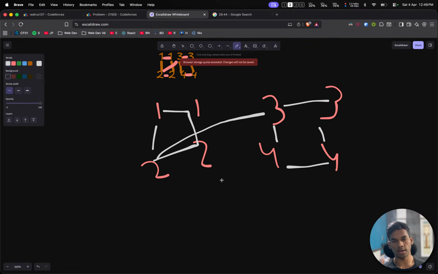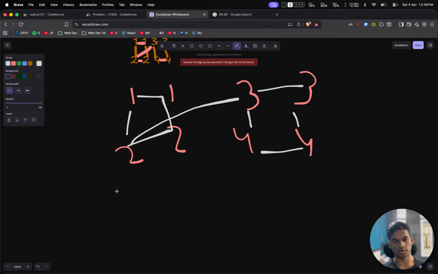Cool. Is this a bipartite graph? Does not look like one. I mean, we have a kind of cycle here.